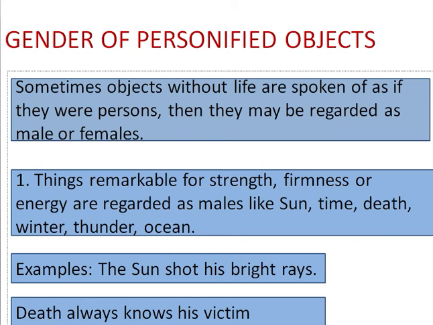Point number 1: things remarkable for strength, firmness, or energy are regarded as males, like sun, time, death, winter, thunder, ocean, etc. For example, the sun shot his bright rays. Example 2: death always knows his victim.